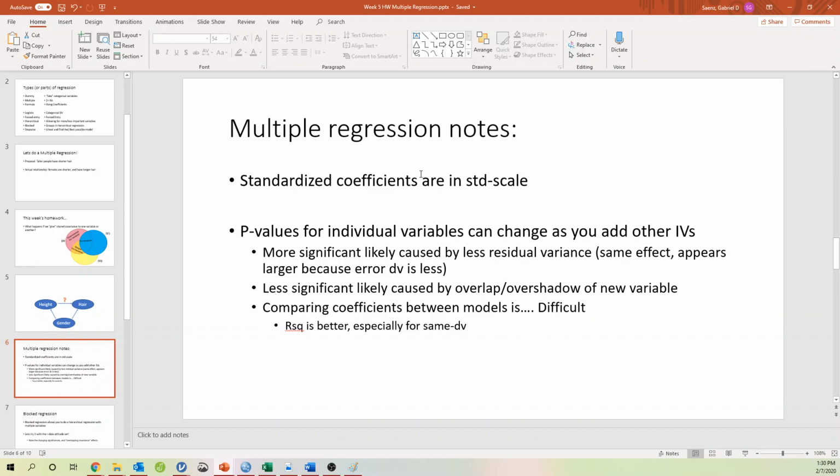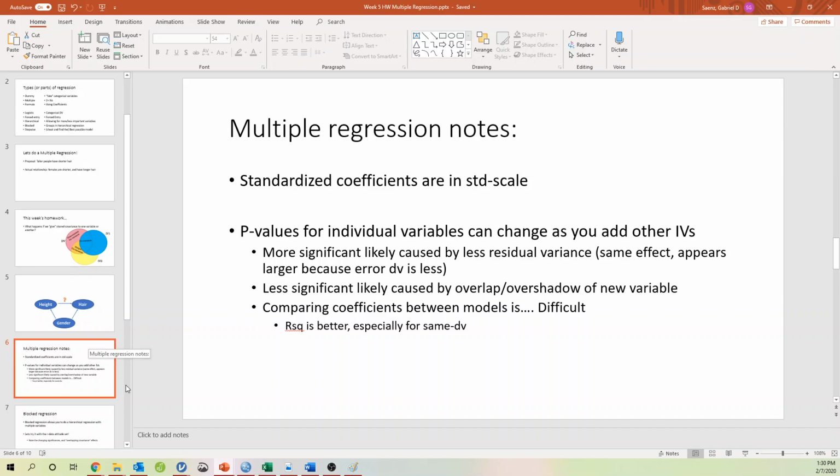Why would an independent variable become more or less significant when another variable gets added into the regression? That's this part here, these bullet points. If a variable becomes more significant when you add another variable to the regression model, it's likely because there was less residual variance in the dependent variable and not very much overlap with the new independent variable.